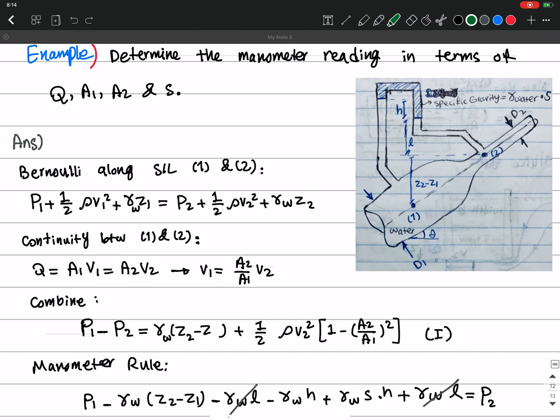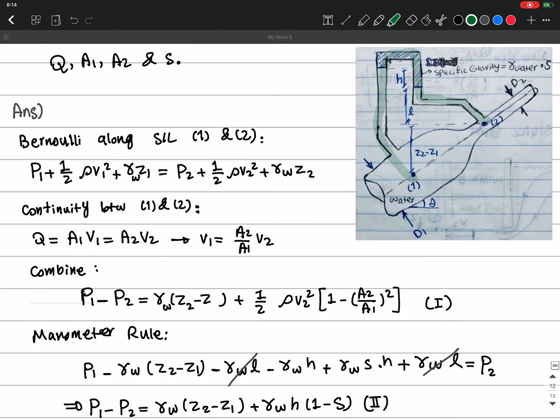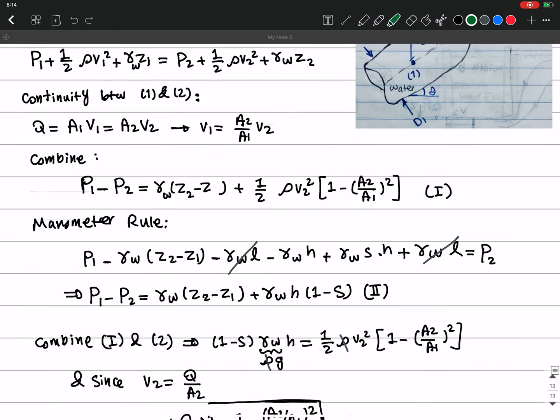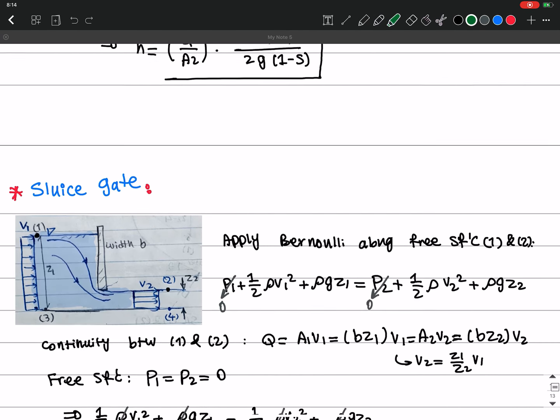Finally, we needed one more equation to find h in terms of Q, A1, A2, and S. That was the manometer rule, or we can use the hydrostatic pressure formulas. We started from point 1 and went to point 2 using the manometer rule, found the third equation, and combined all these equations together to find the manometer reading based on those variables.